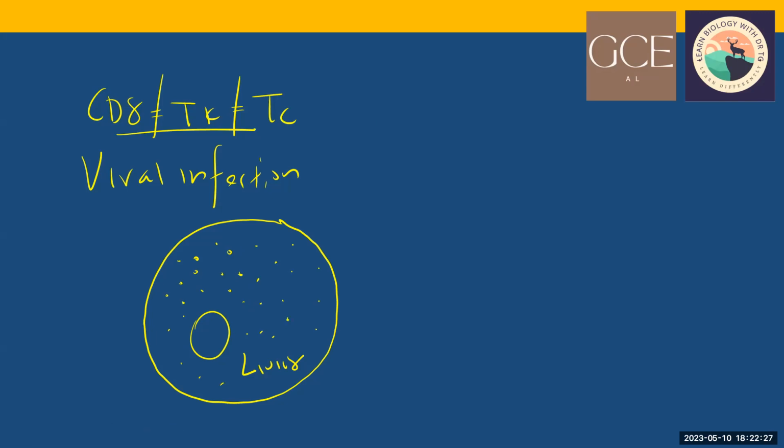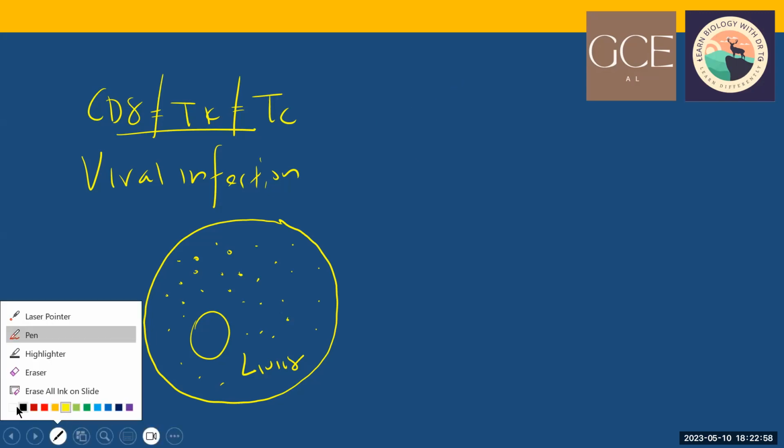Now there's a problem. The immune system cannot attack the virus because they're inside the cell. That's one of the biggest problems at the first steps of the immune system. They are growing inside, so it's very difficult for the immune system to get these cells. Let's say the phagocytic cells are coming to this place.